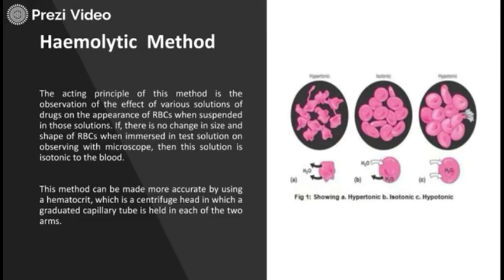Then next we see the sodium chloride equivalent method. This was given by Mellen and Seltzer. This is also called tonicity equivalent.